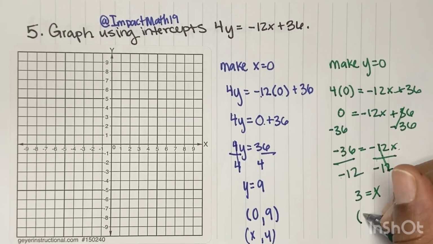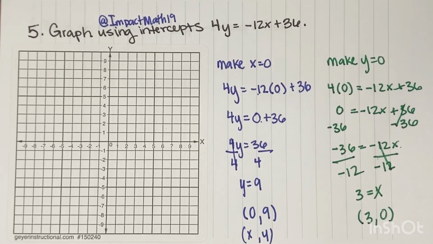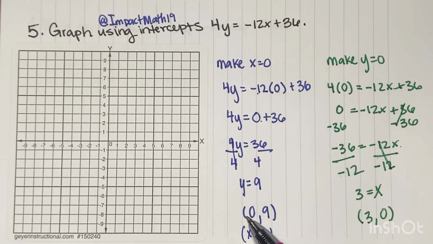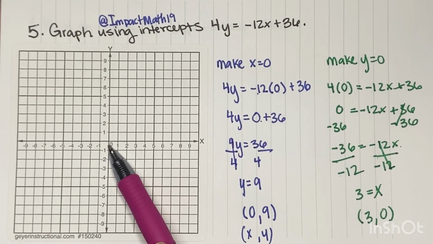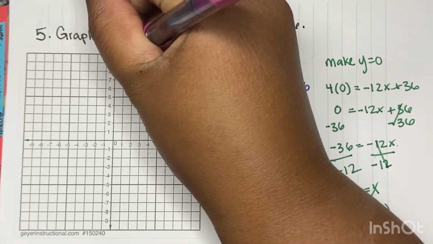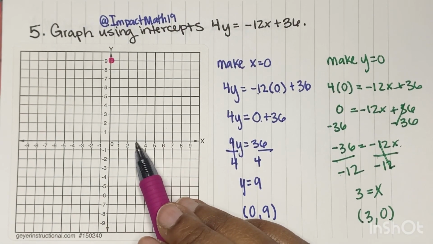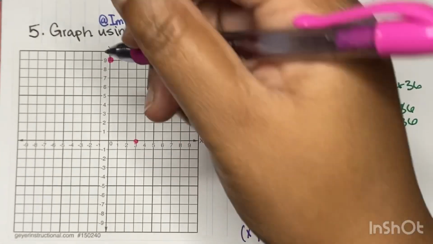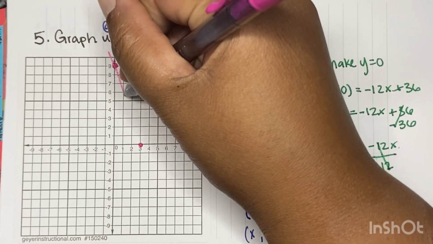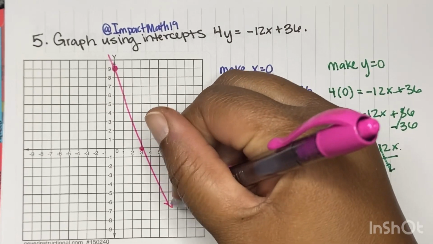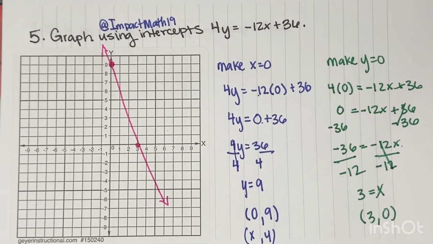So we write this as 3, 0. So now let's go to plot. So if we're plotting this, we're going to go 0, then up 9. That's our y-intercept. And then we're going to go to 3 positive, and then don't move. And that is how you graph this equation.